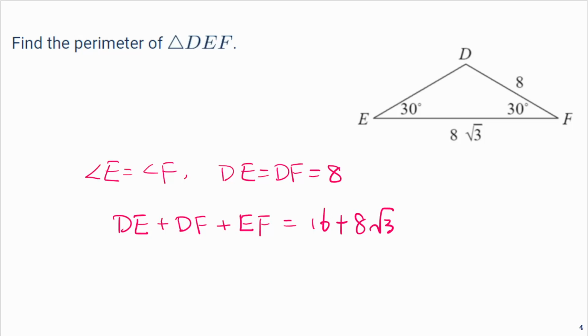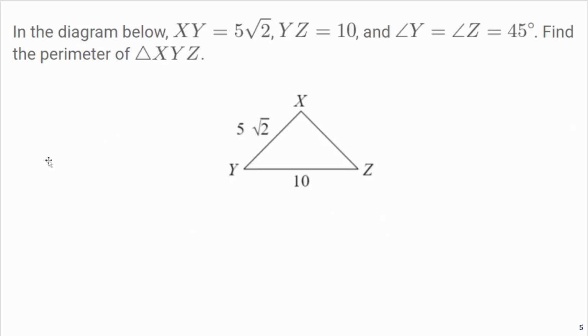And then let's consider another one. In the diagram below, if XY equals 5 square root 2, YZ equals 10, and angle Y equals angle Z, which are both 45 degrees, can you find the perimeter of triangle XYZ? Again, very straightforward question, right?